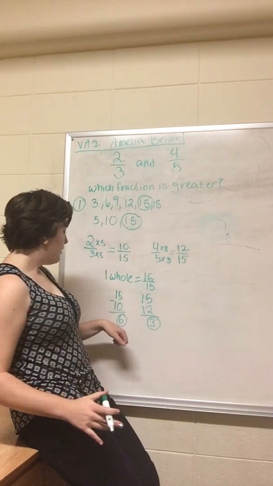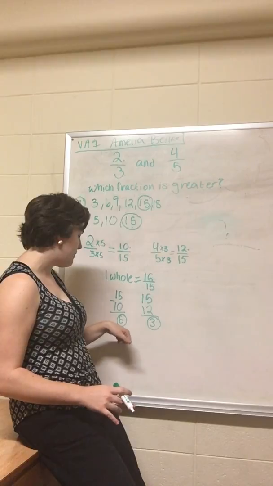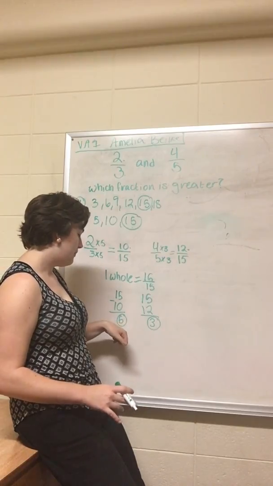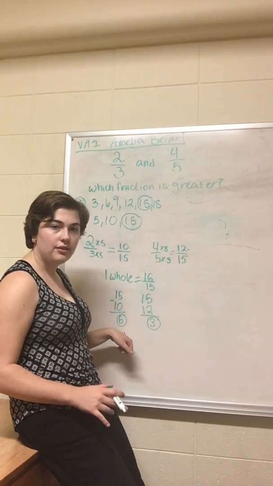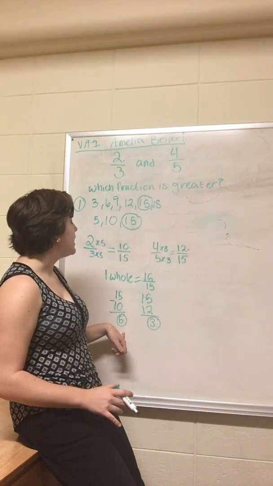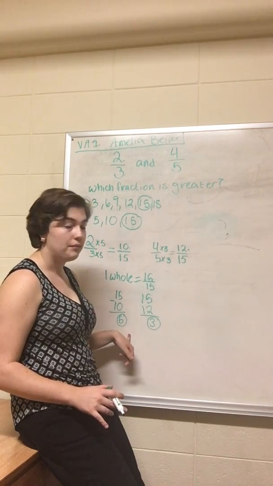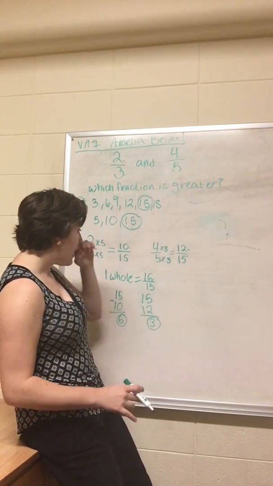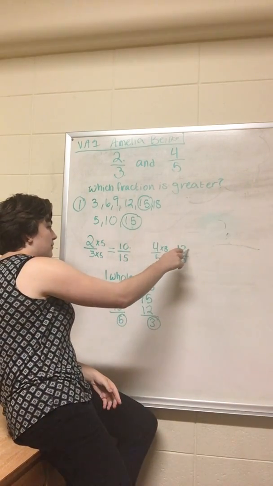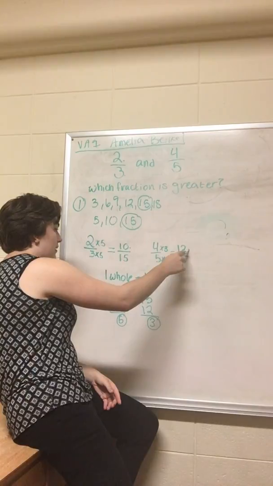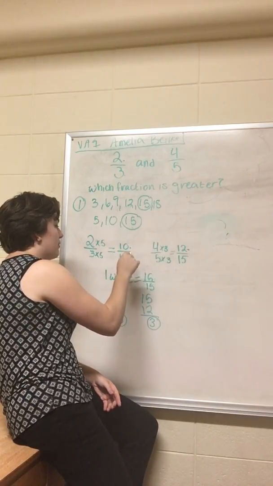Okay, so which one, if we were going to say from the whole, in fraction terms, is going to be farther away from the whole? Okay, so in this case, 10/15 is going to be farther away from the whole.